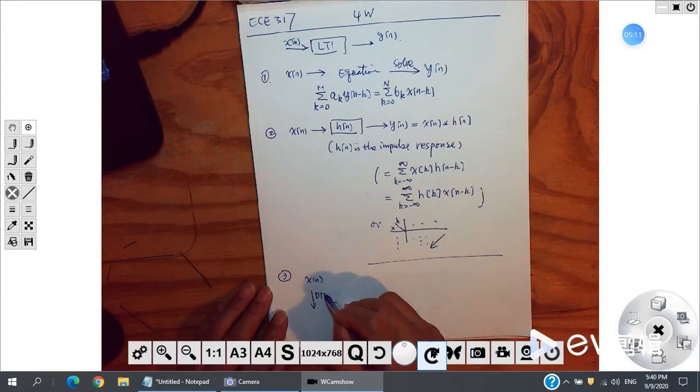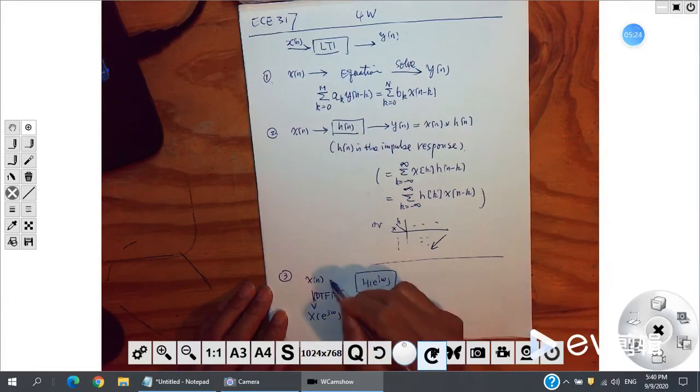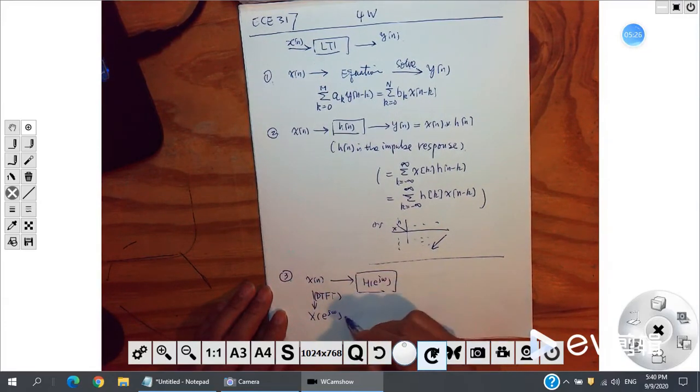The discrete time Fourier transform. We have capital X of e to the j omega. Then I have H of e to the j omega. Suppose for the system, we know this. Here we do a multiplication.